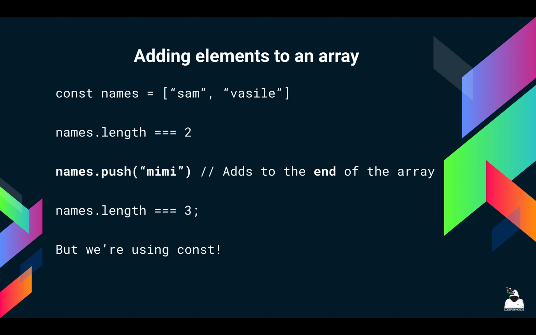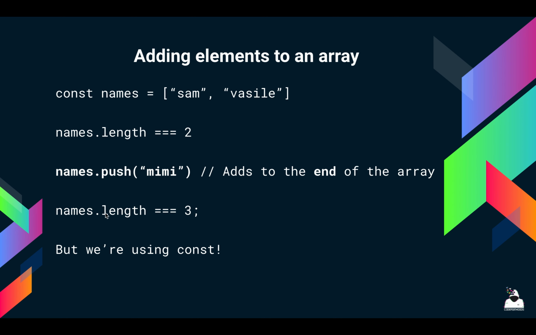Okay, we've got the same names array. We have names length is 2. Now we want to push, we want to say, okay, this one's going to the end of the list, the bottom of the list. We push another value into our array and it adds it to the end. Length is now 3, so it will say Sam, Vasil, Mimi.